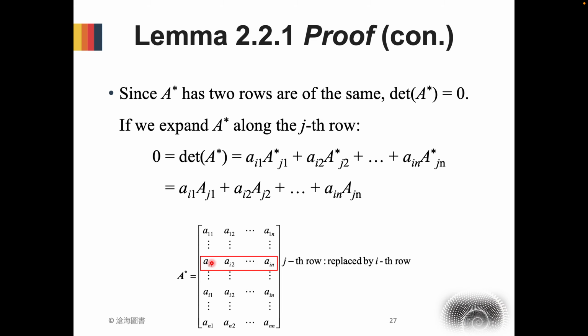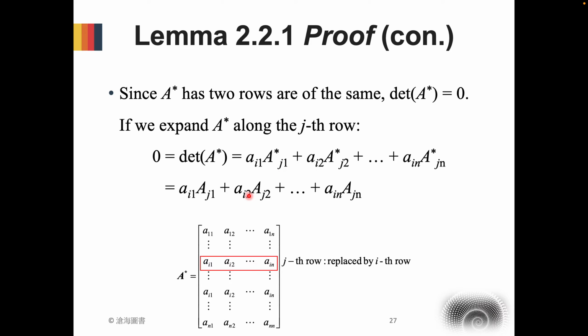So the cofactor corresponding to this entry is capital A star J1. If we remove this row and this column, the remaining submatrix gives the A star J1. So the corresponding cofactor is this one.